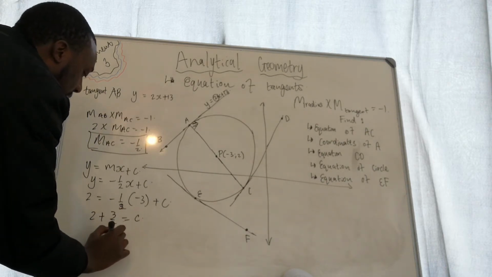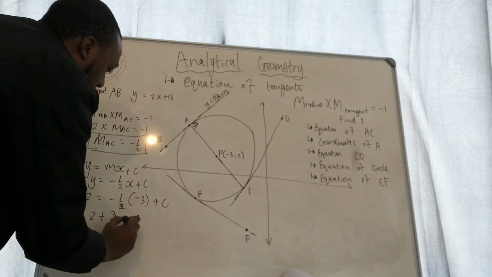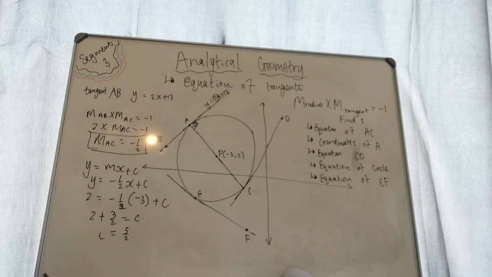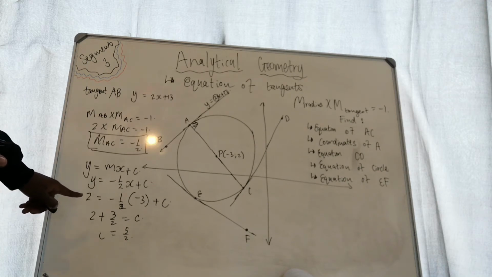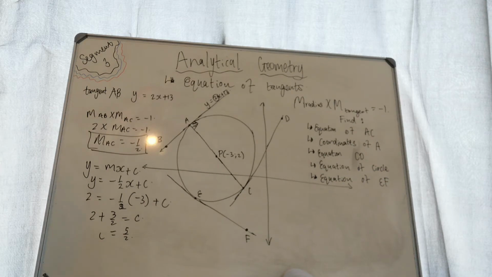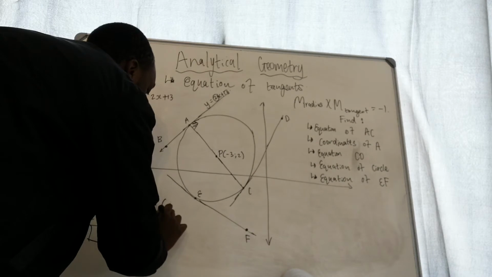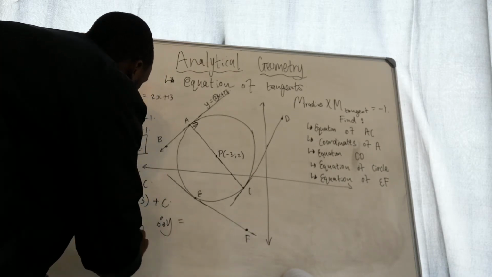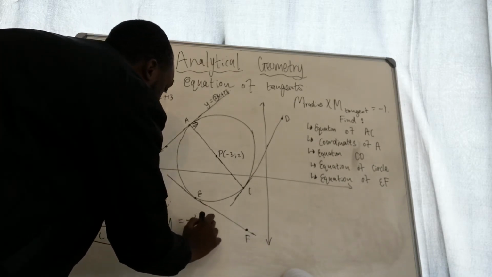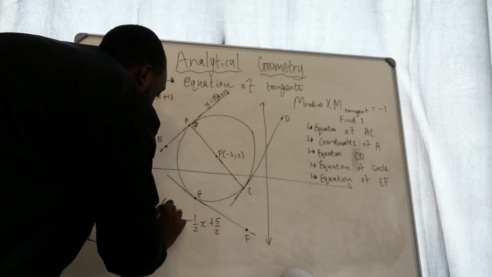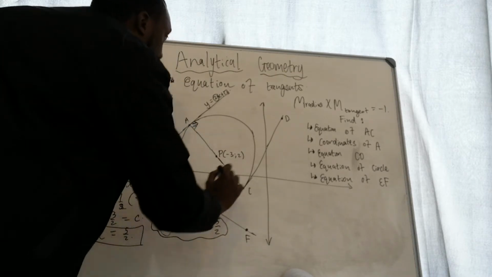And so my c is 5/2. 2.5, plus that's 1.5, yeah, gives us 2.5. So we get this. And what is the equation of this? y is equal to negative 1 over 2 x plus 5 over 2. That is number 1 done.